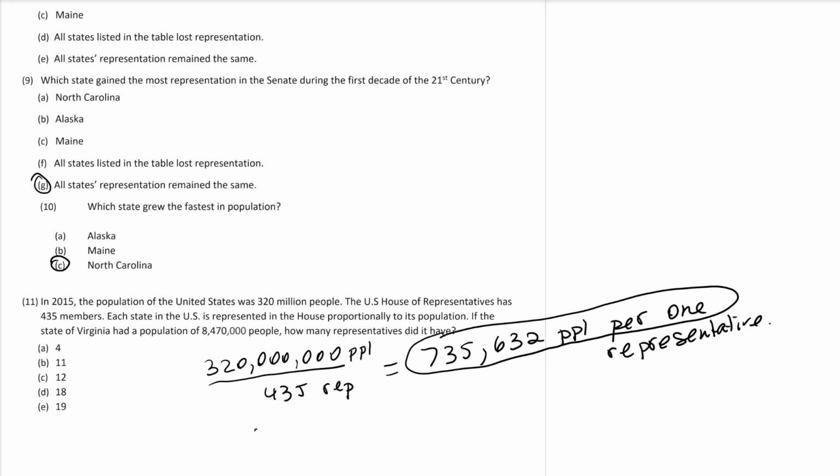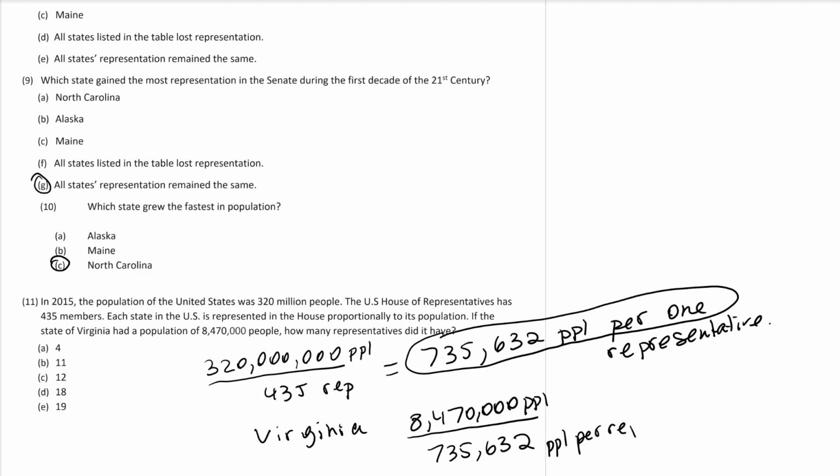So the state of Virginia has a population of 8,470,000 people, and if the cookie cutter gives us one representative per each 735,632, we're going to take that divisor and divide it into the population of Virginia. And that will give us the representation for that state. All right, so let's go ahead and divide.